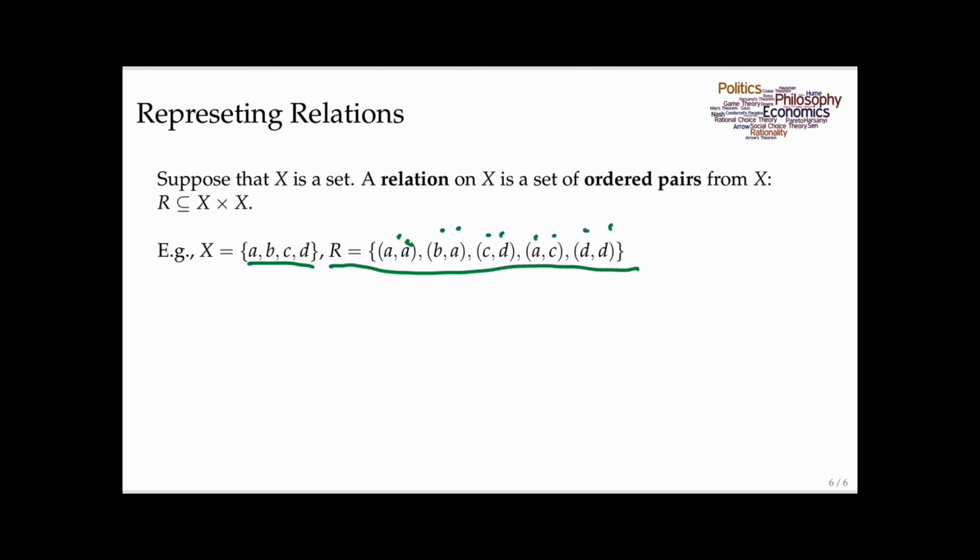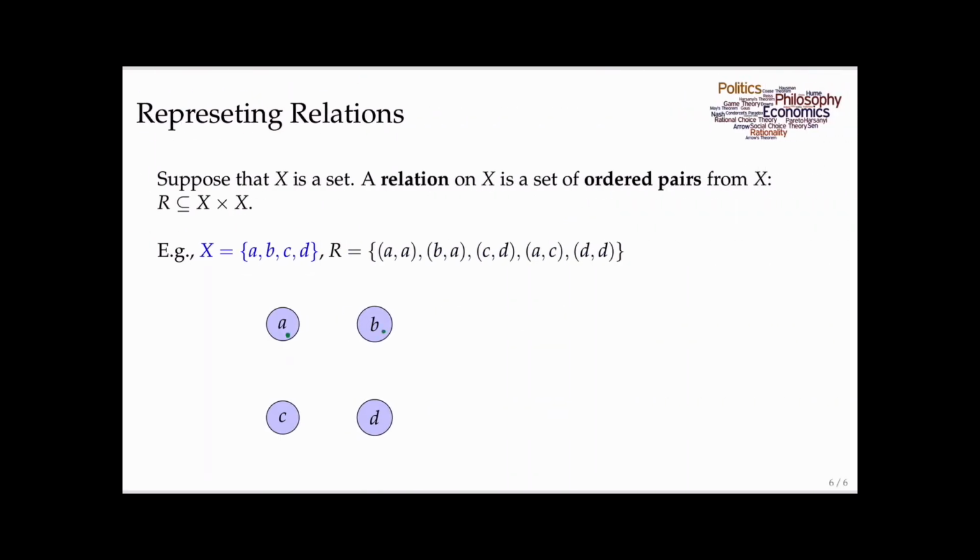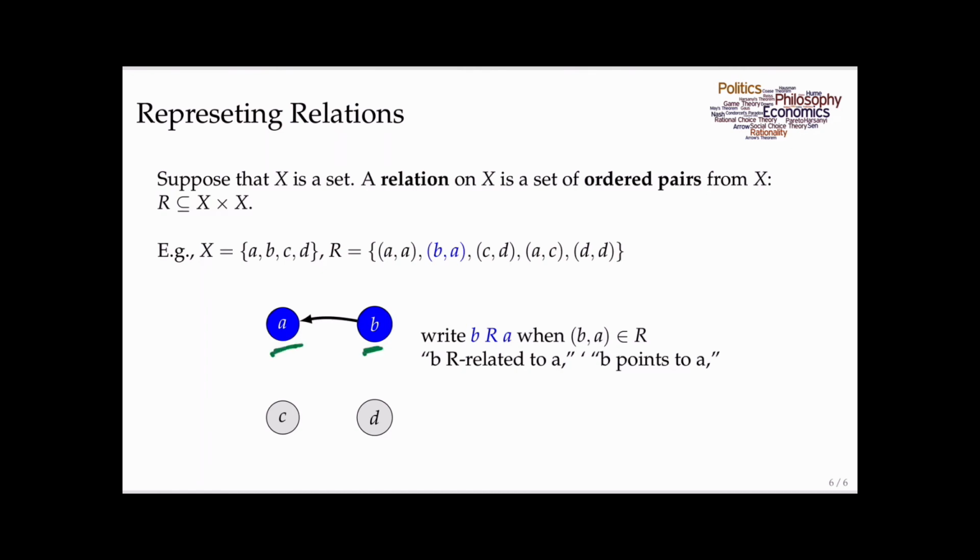So to visualize a relation on a single set X, what we're going to do is write down all the elements of X, and we can draw little circles around them. And then we can draw an arrow from one element to another element. So there's an arrow from B to A, and it's written BRA. So that signals the relationship that B is related to A. So B is on the left and A is on the right.